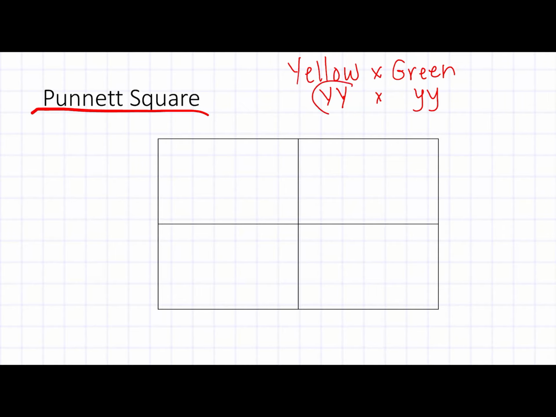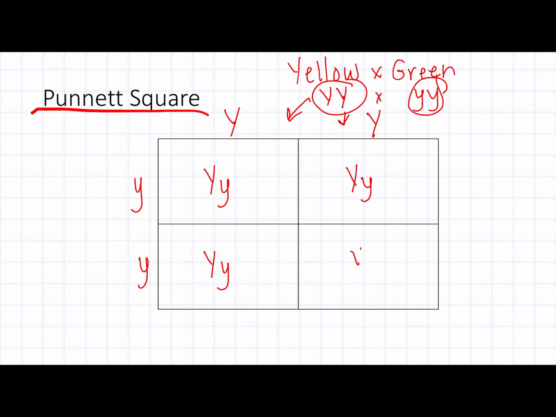So I take these 2 and I put them over here. So put the big Y here, I put a big Y here. These guys I take and I put over here. And then we kind of follow this like a multiplication table. I always put the dominant gene first, so that's the big Y, and then the little y, a big Y and a little y, a big Y and a little y, and a big Y and a little y.